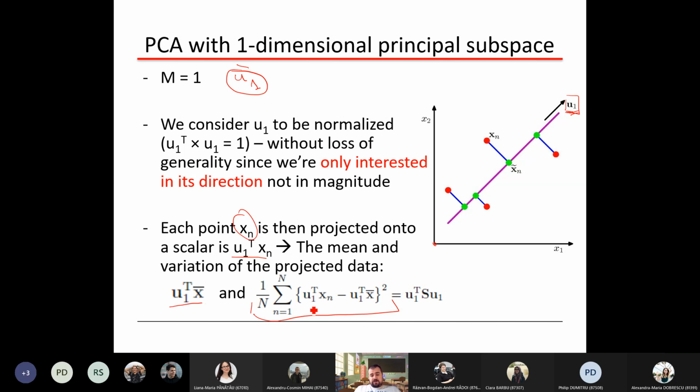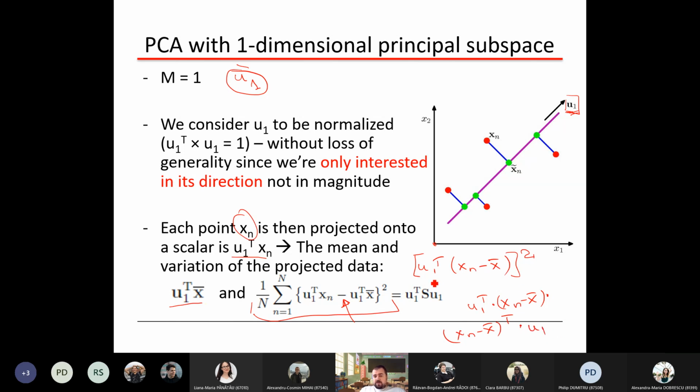Now, if we take a look at this equation, it means that we can try to do something like this: U1 transposed multiplied by xn minus the mean, and this is squared, which means that we will have U1 transposed multiplied by xn minus the mean multiplied by xn minus the mean transposed multiplied by U1.